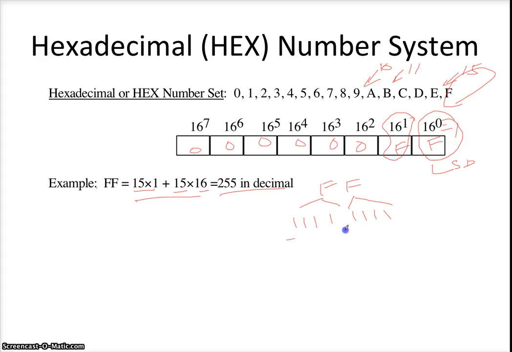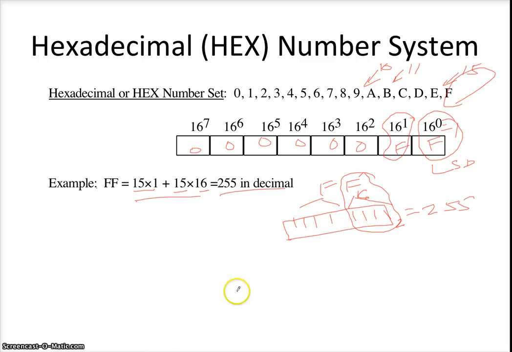So it turns out that FF is the same thing as 1, 1, 1, 1, 1, 1, 1, 1 in binary, base 2. This is base 16, and that's also equal to 255. It's a cool little conversion. So what you can do is take each symbol of a hexadecimal and convert it to binary straight up, which is kind of cool.